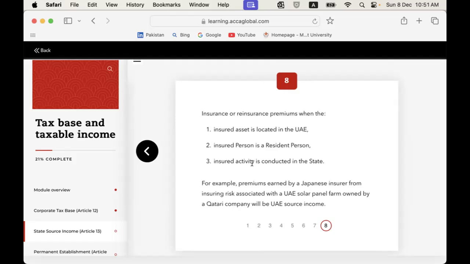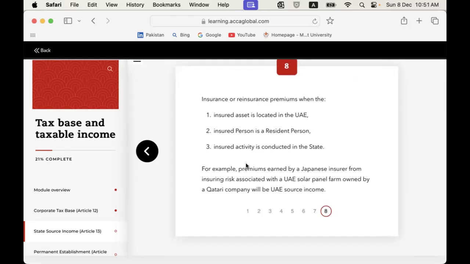Now you can relate these points to the examples and discussions that we did on the previous insurance related scenario. For example, premium earned by a Japanese insurer from insuring risk associated with a UAE solar panel farm owned by a Qatari company will still be UAE sourced income.